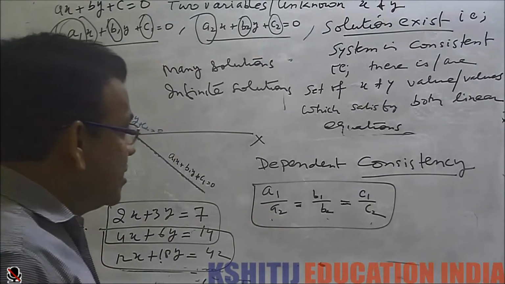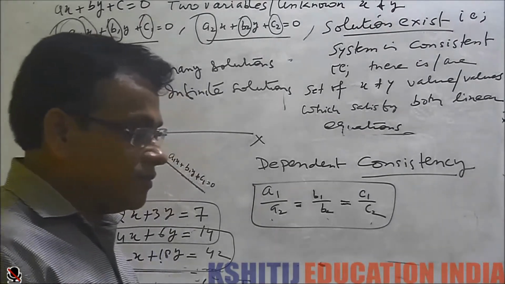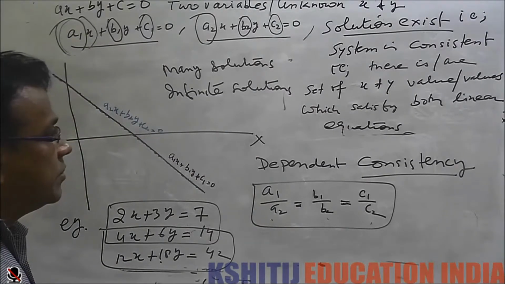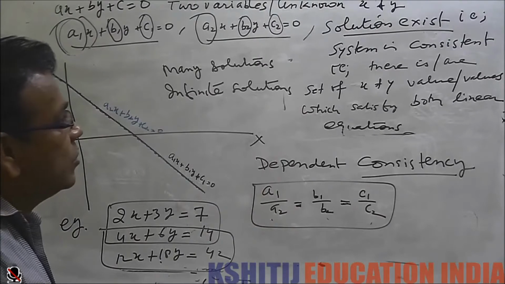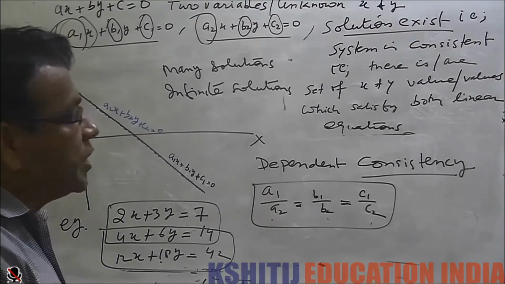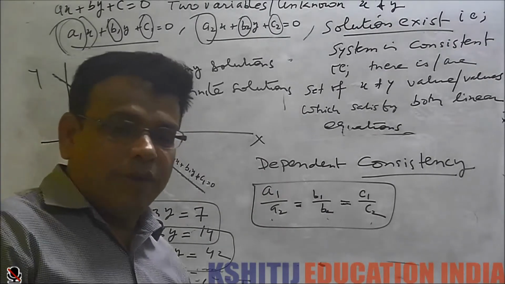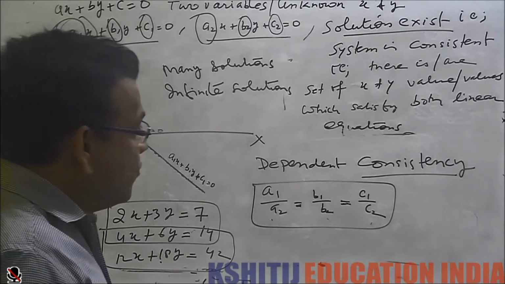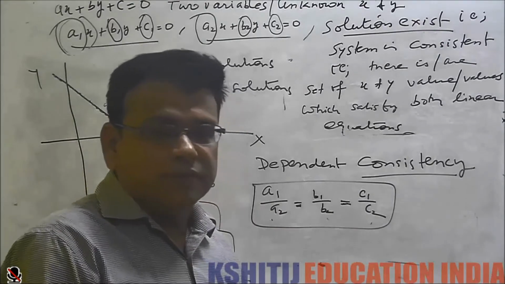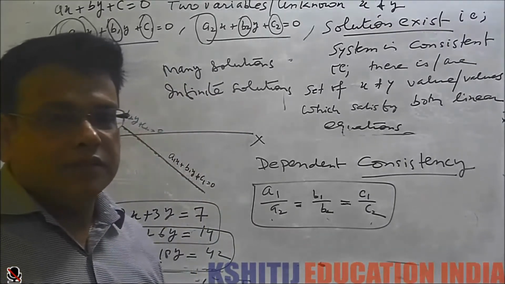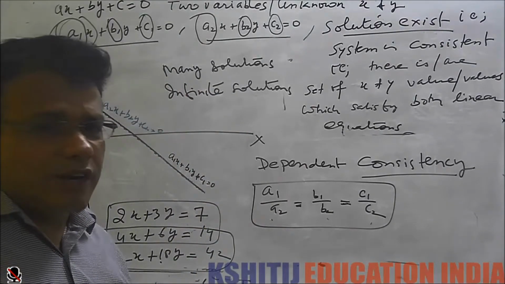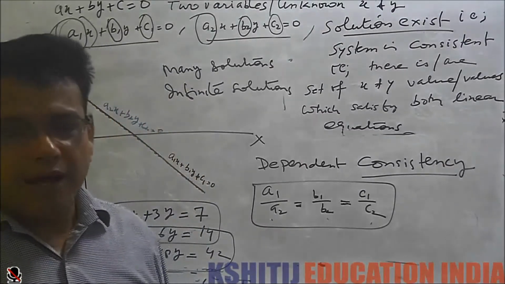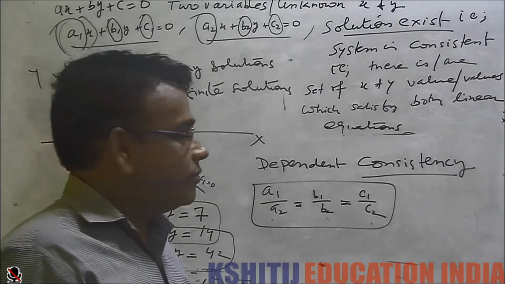Dependent consistency. The graph would look like this. So now we have covered how we achieve the solutions. A solution may exist or may not exist based on the type of equations, that is, based on the relation between the coefficients of x, y and the constant. Fine?